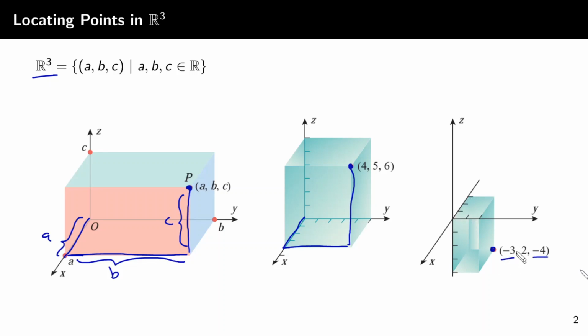So negative 3 yung x-axis natin. So 3 units along the direction of the negative x-axis. And then yung y-coordinate natin ay positive. So 2 units punta sa kanan. And then yung z-coordinate rather, is negative. So 4 units, so instead of pataas, 4 units pababa. Ayan. And then you will arrive at that point.